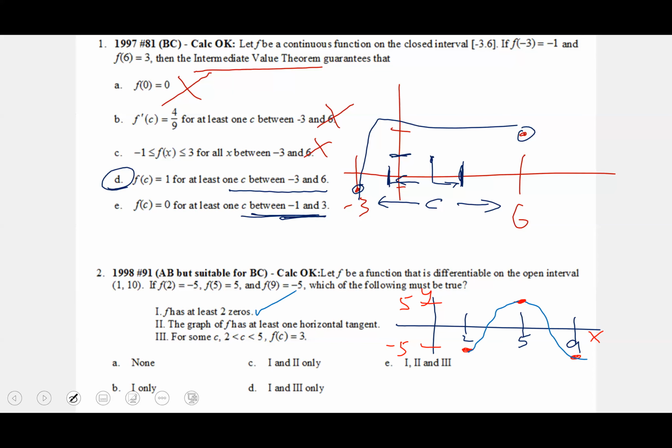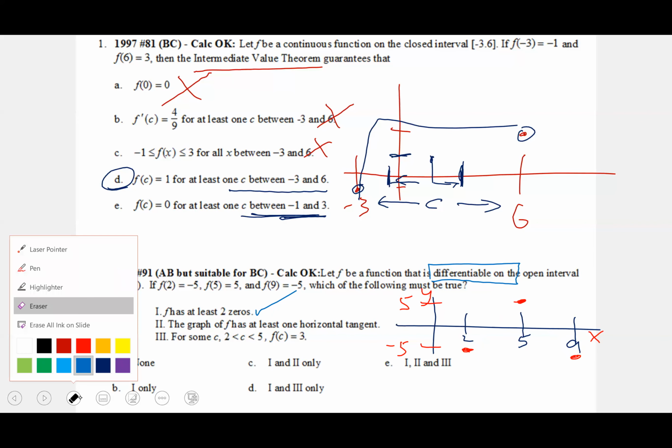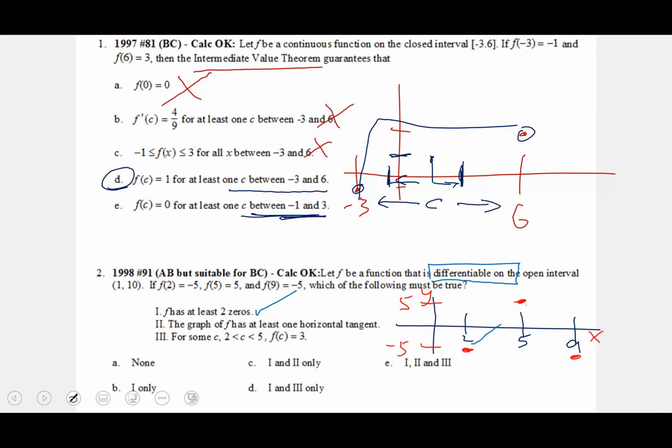The graph of f has at least one horizontal tangent. A horizontal tangent is a point where our slope is equal to 0. How do we know that? We know that because we were told that this is differentiable. If this had just been continuous, then this would not necessarily be true because it would be possible to draw a function like this, with a sharp point.